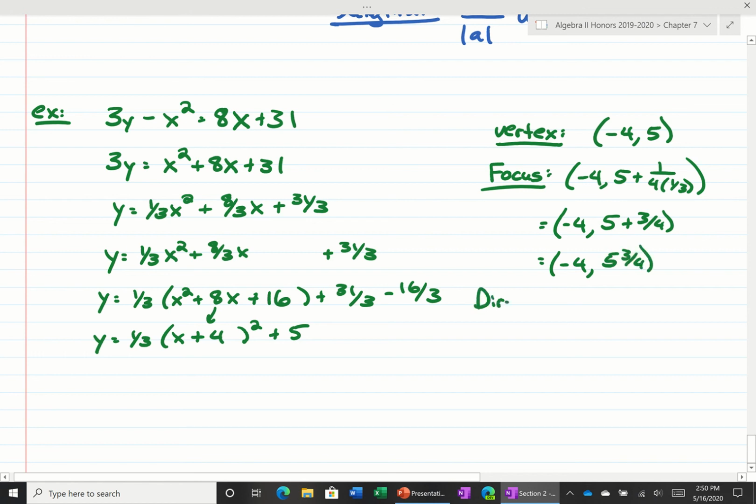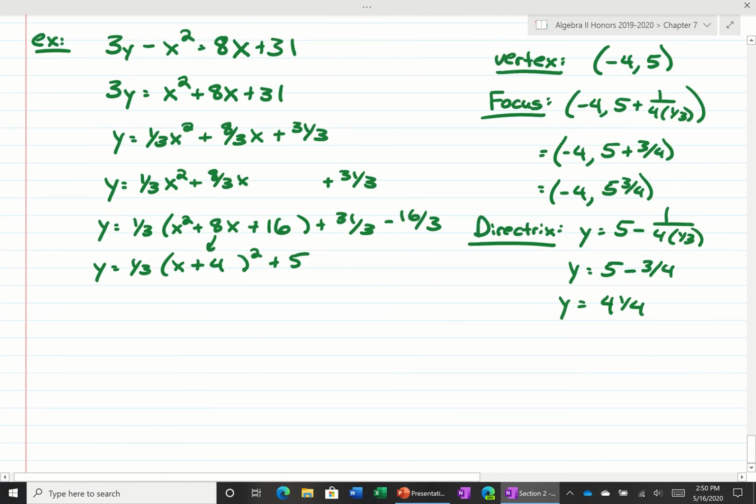The equation of the directrix is y is equal to 5 minus 1 over 4a, which would be 5 minus 3/4, which would be y is equal to 4 1/4. And then the length of the LR would be 1 over the absolute value of 1/3 units, which is 3 units.